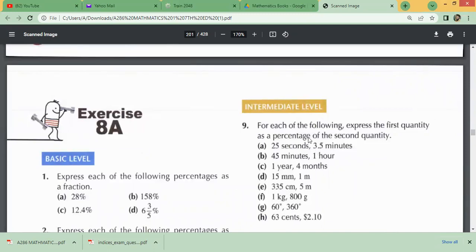We have to convert, for example in question number 9, minutes into seconds and then solve to get the answer. You must have done the questions in your copies as well. Use this video and try to understand whatever you have done in the class. And if you still have some questions, you are more than welcome to come to me and ask.